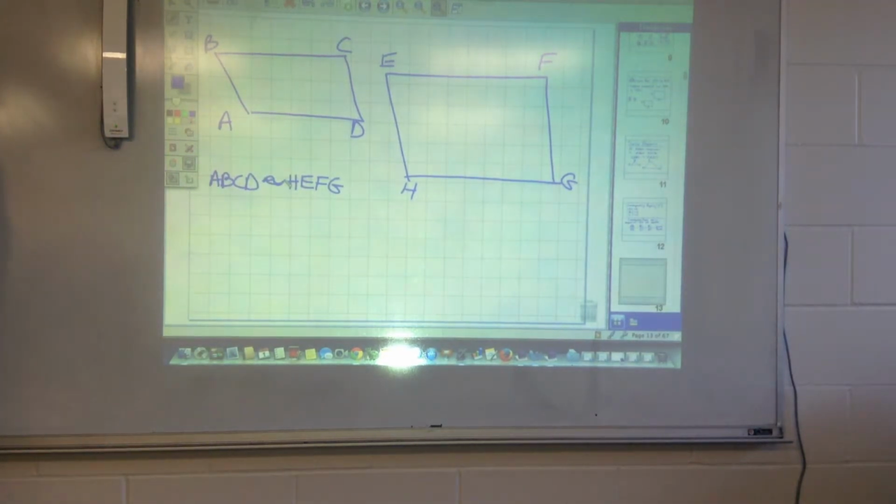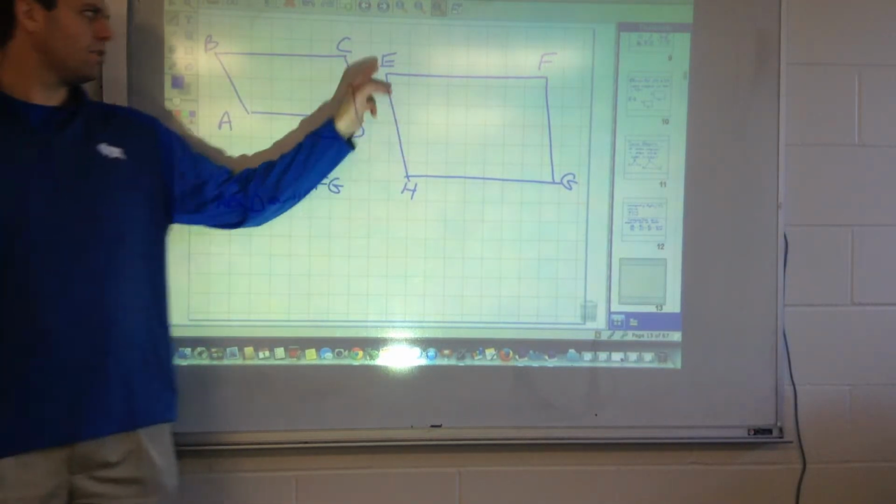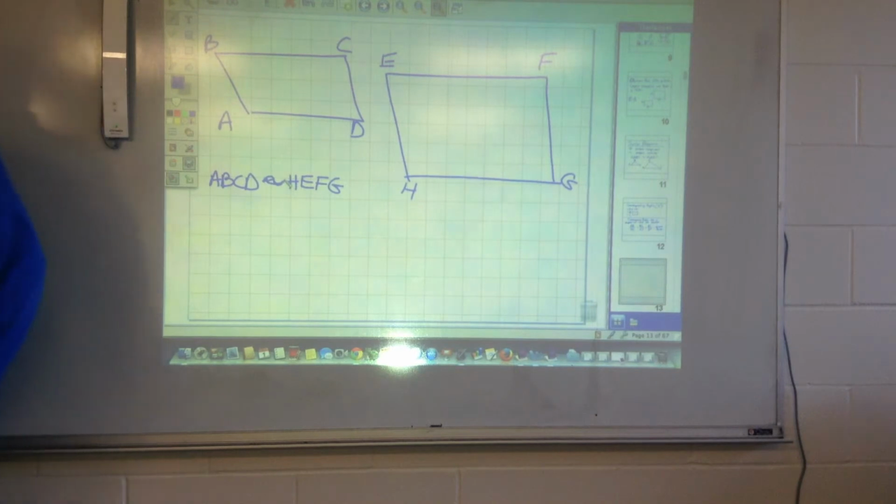Alright, let's say these two figures are similar to one another. And they are similar, so figure ABCD is similar to HEFG.